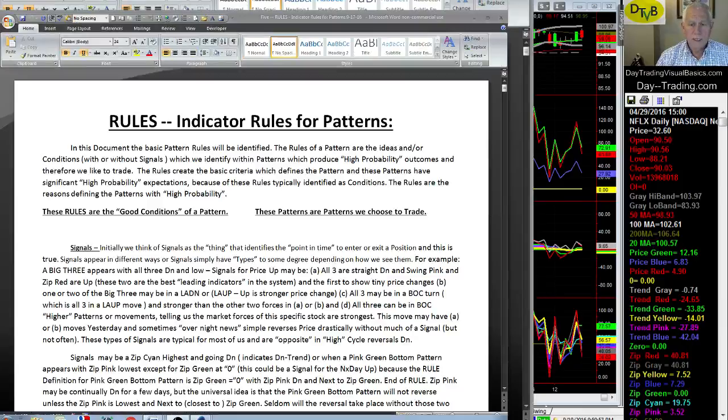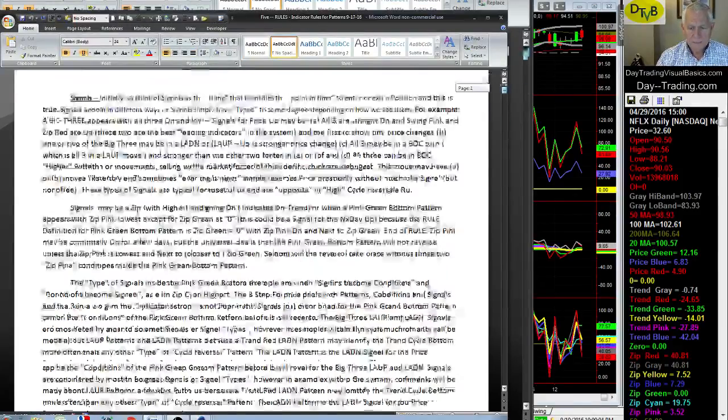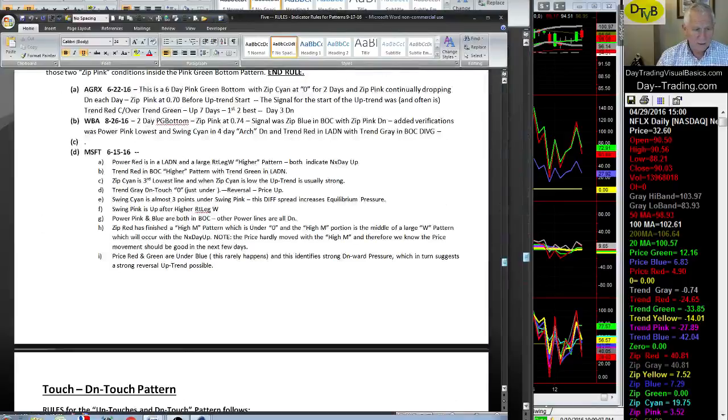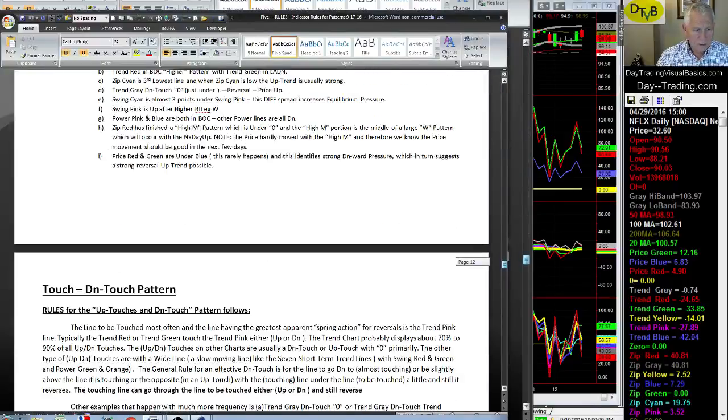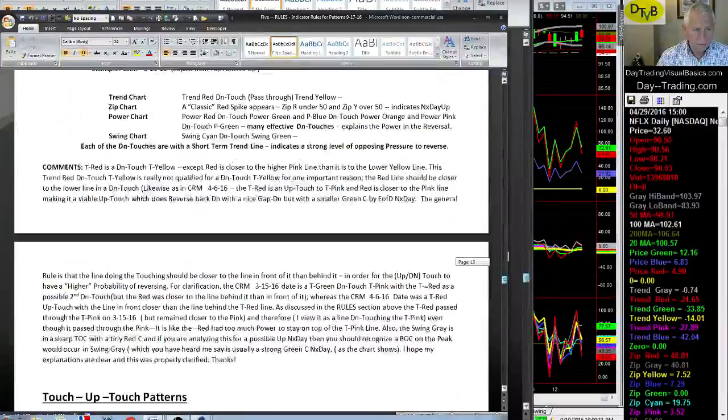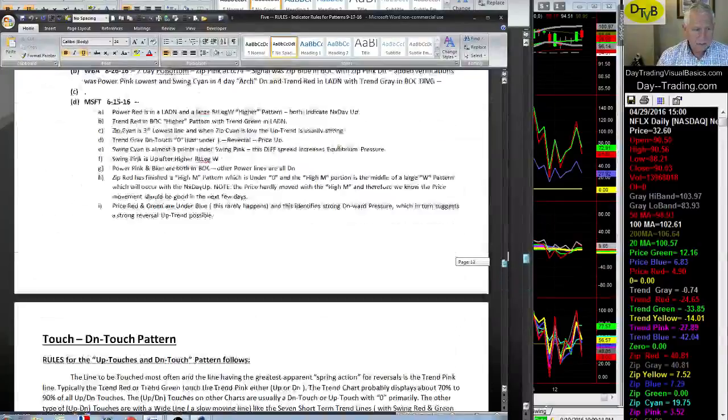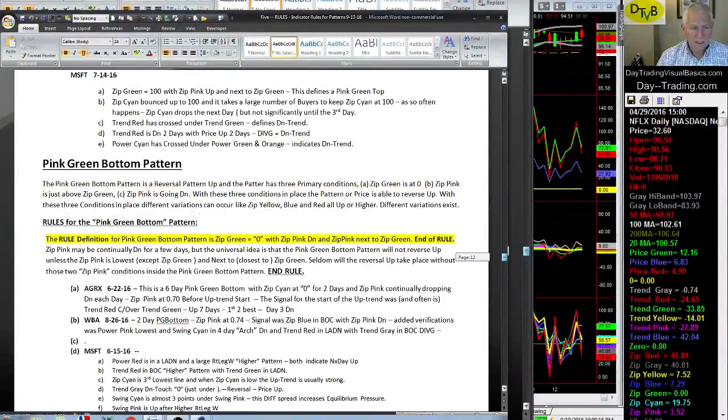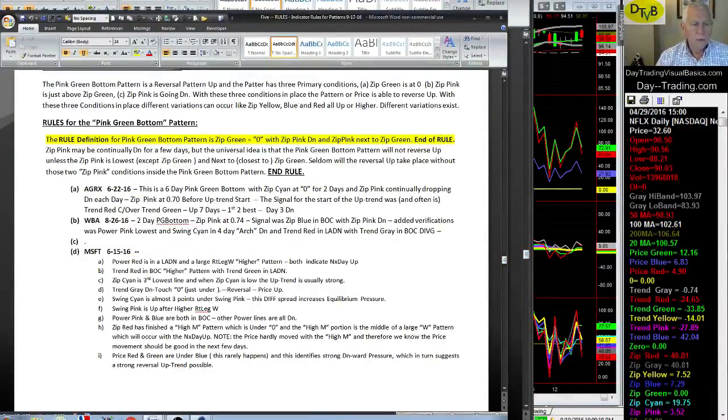The rules file basically defines the rules for each pattern. If I can find it down here, I'm going to try to go to the pink-green bottom. And there it is. I've got this highlighted as well. There's the rule for a pink-green bottom. It says, the rule definition for the pink-green bottom pattern is zip green at 0 with zip pink down and zip pink next to zip green.